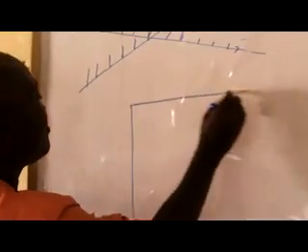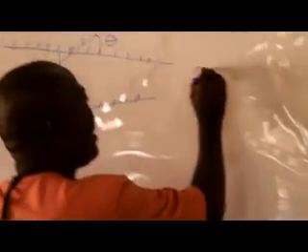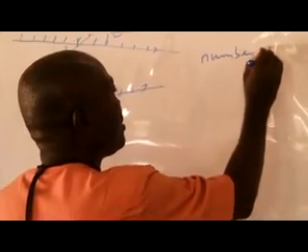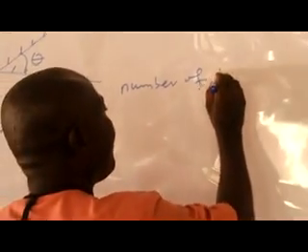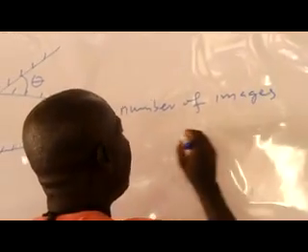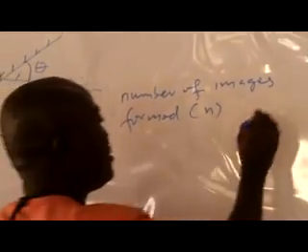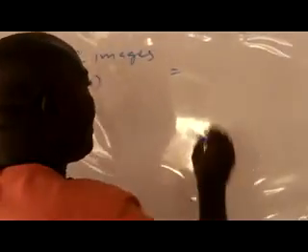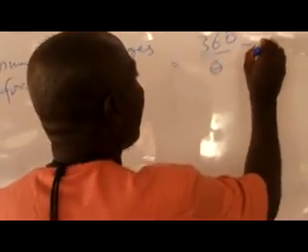Or I can get something of this nature, also inclined. So the simple formula is: the number of images formed at the end is equal to 360 over theta minus 1.